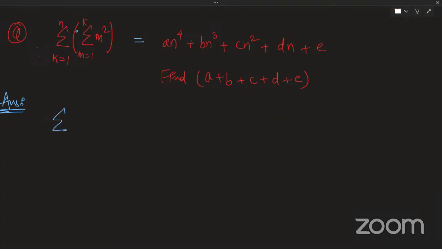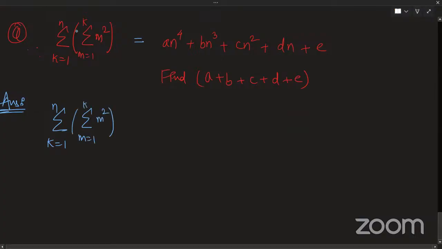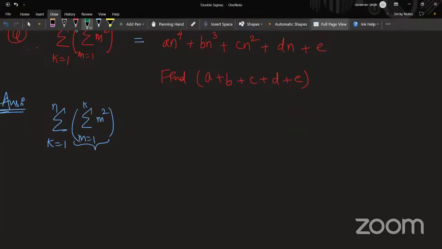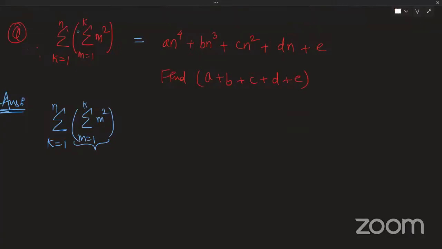Sigma k going from 1 to n, sigma m going from 1 to k, and we have m square. So we solve this bracket first. What is sigma m square, where m is going from 1 to k, equal to?